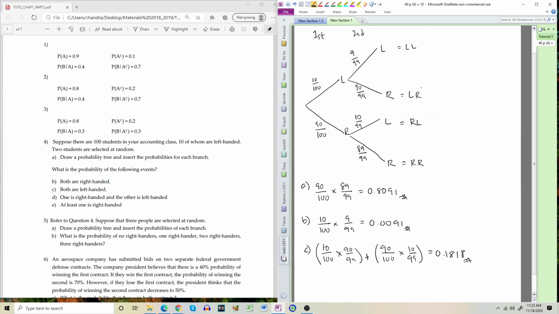So this one has one, this one has one, and this one has two. If you do the same method as how we did, you will get 0.9909. Find each branch probability, and then you plus, you will get 0.9909.